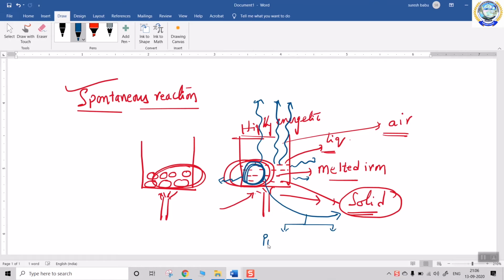Suppose it is a pure metal, then the solidification process is called homogeneous nucleation.